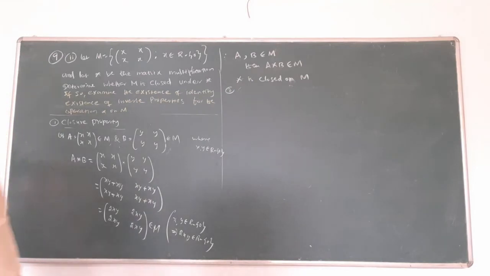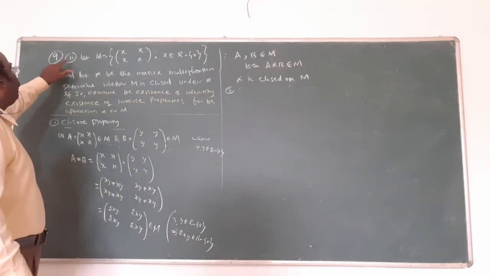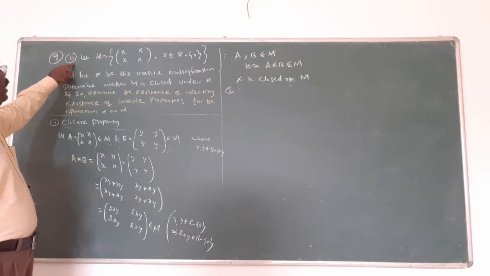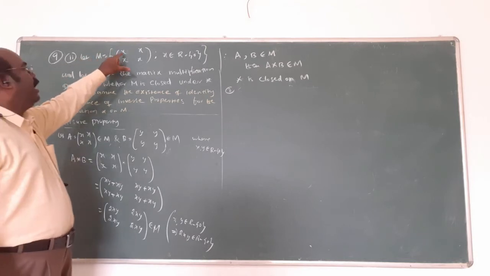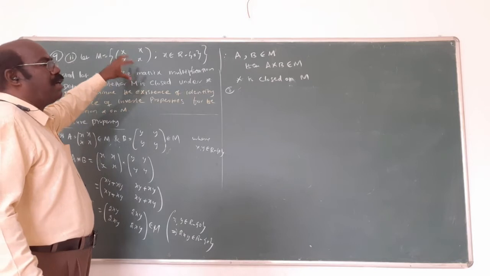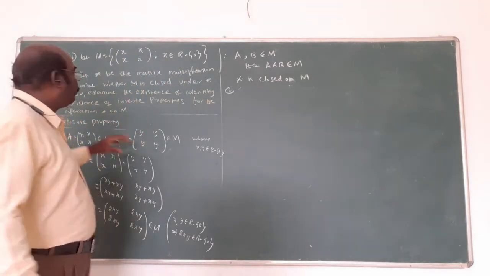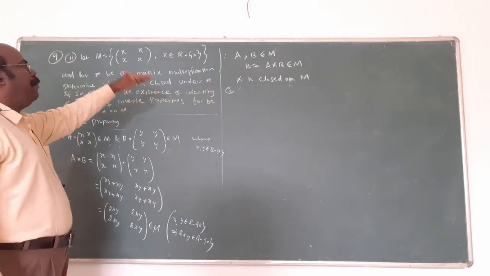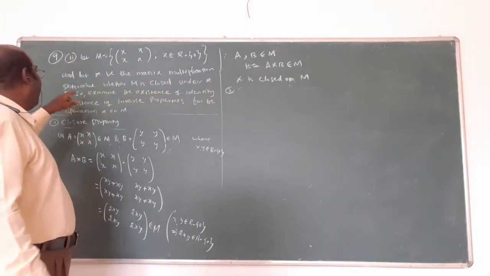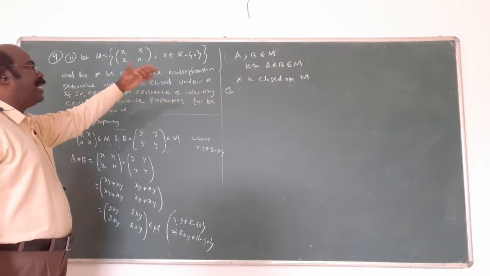Listen here. Next was 9th, solution 2. The same question: M equal to the set of all 2 cross 2 matrices, all of whose elements should be equal, and the element belongs to R except 0, with matrix multiplication. Determine whether it is closed under star.